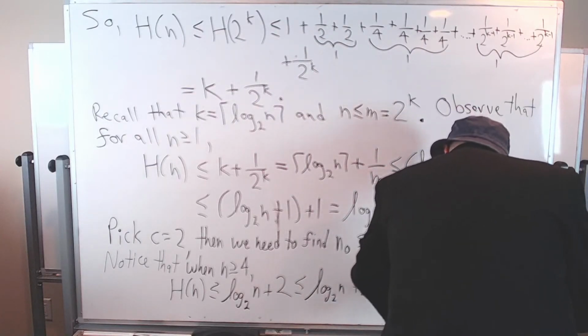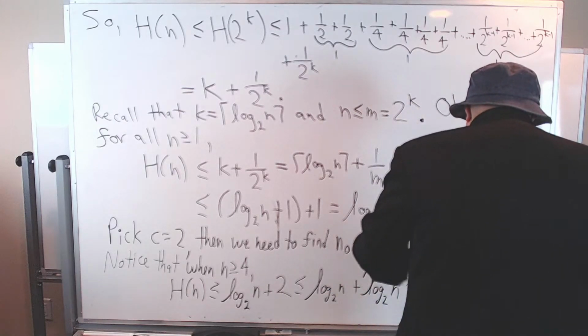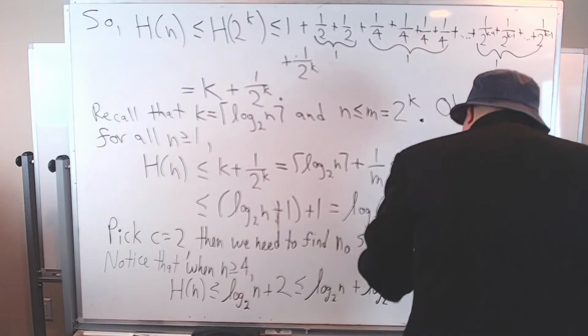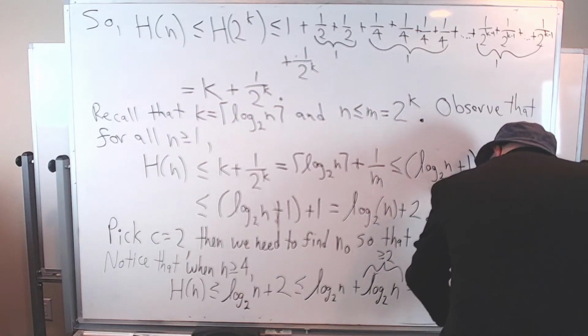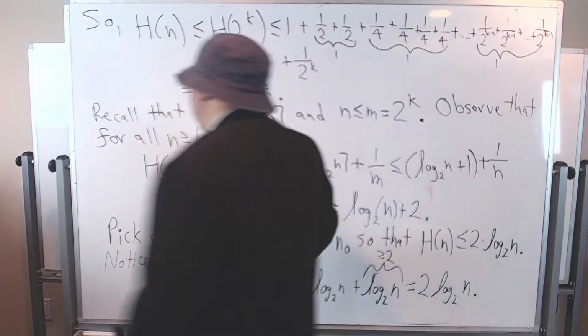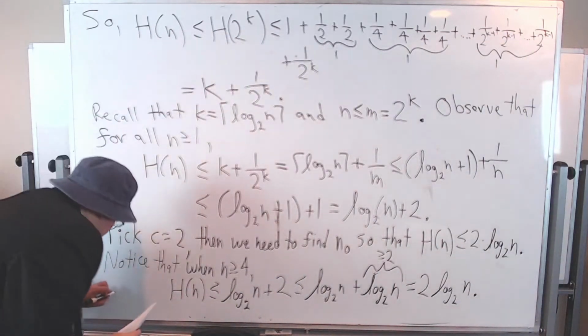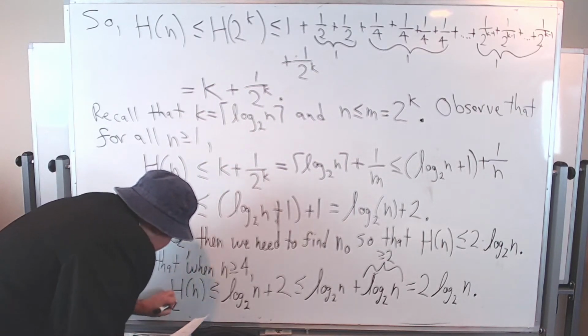I think the elementary nature of this argument speaks for itself. But if you want to get very technical, you can justify that using calculus. So, what is that? Well, this is just equal to 2 log base 2 of n, right? So what am I going to pick for n0? We're going to choose n0 is equal to 4.